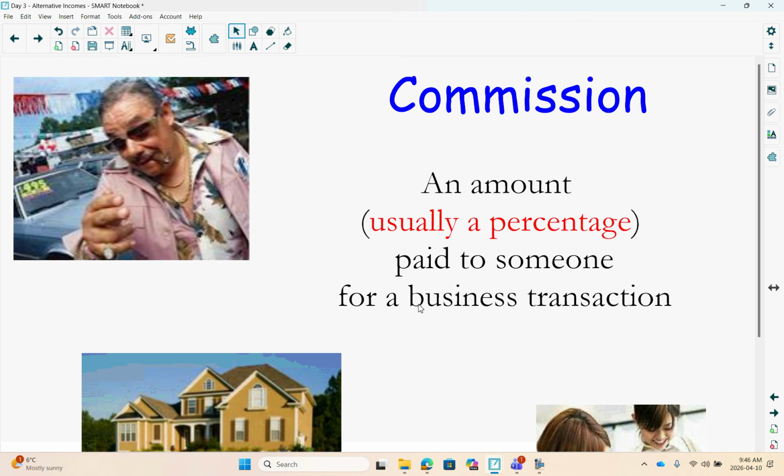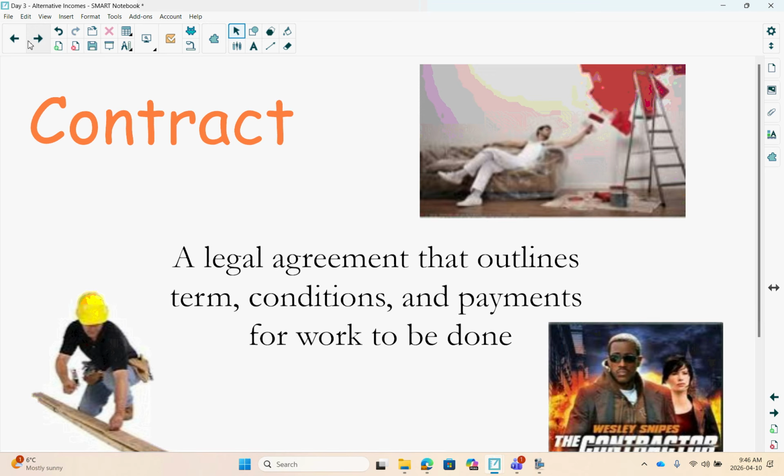Another option is commission. That's if you're like a car salesman or a realtor, you get paid a percentage of your sales. And some people are contractors. It's an agreement that outlines the terms and conditions. Someone might come and paint your house, or some rooms inside your house, and they would factor in the cost of the paint they're going to purchase, the hours of work it should take them, the number of employees that are going to be there doing it, and so on.